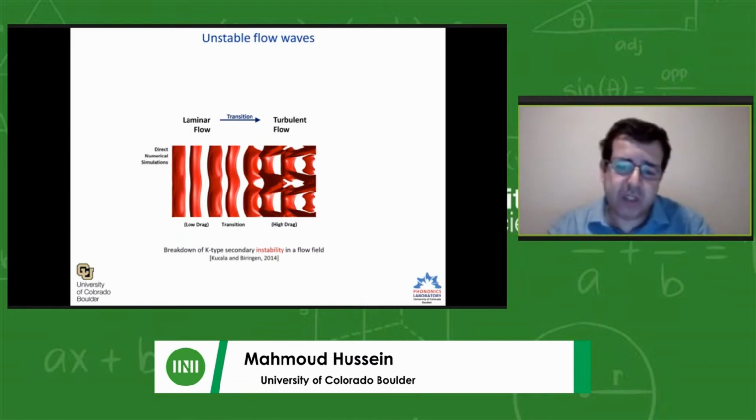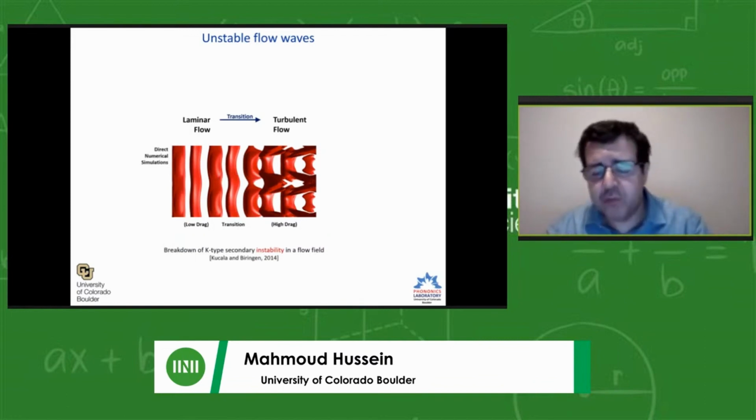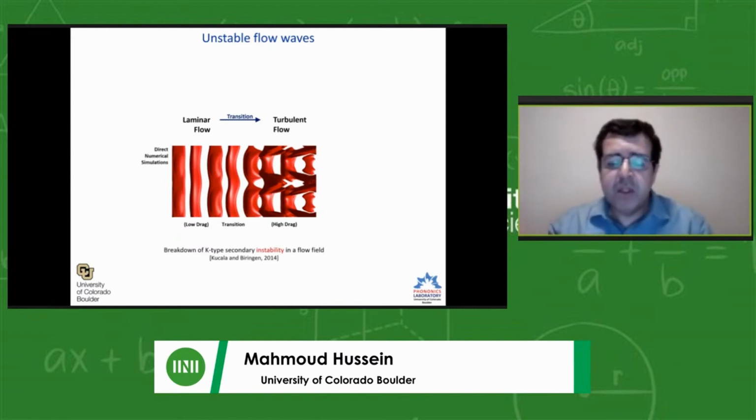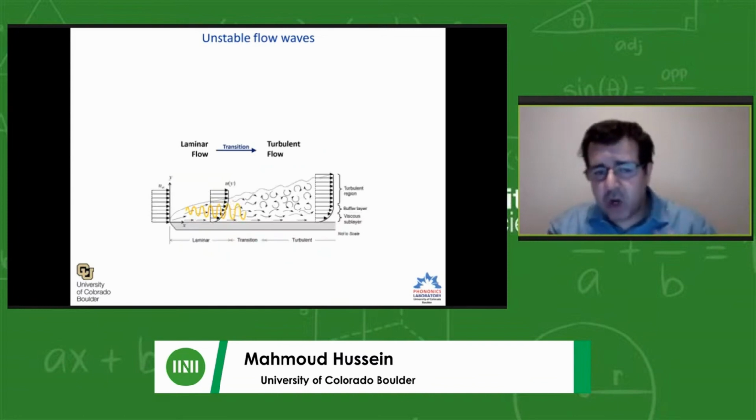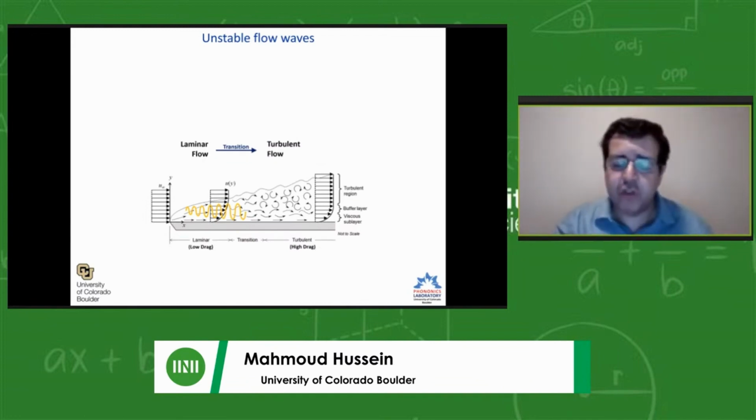This is from my late colleague Sadat Berenjen's group, showing a breakdown of a flow transitioning to turbulence, and you can clearly see the elements of wave motion there. So you've got an instability that is growing unless you do something to it, and essentially that causes transition to turbulence.